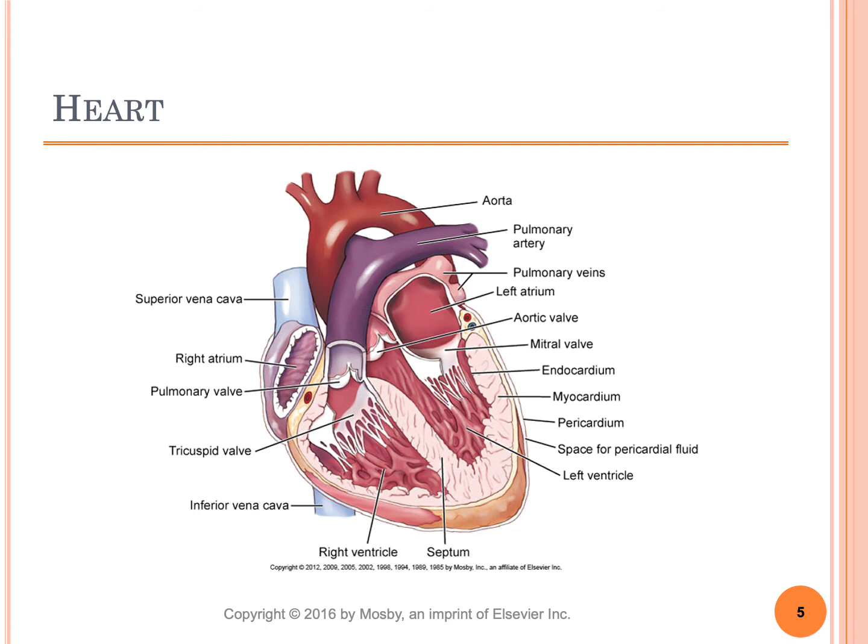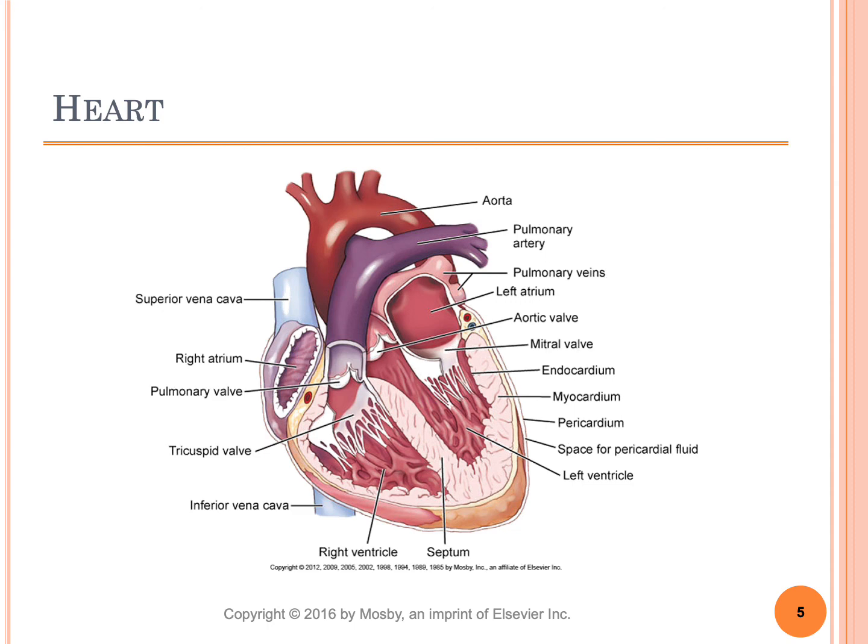All right, so here we're looking at the heart, and you can see that the heart has 4 main chambers. The 2 top chambers are called atria, atrium for one, and the two bottom chambers are called ventricles.